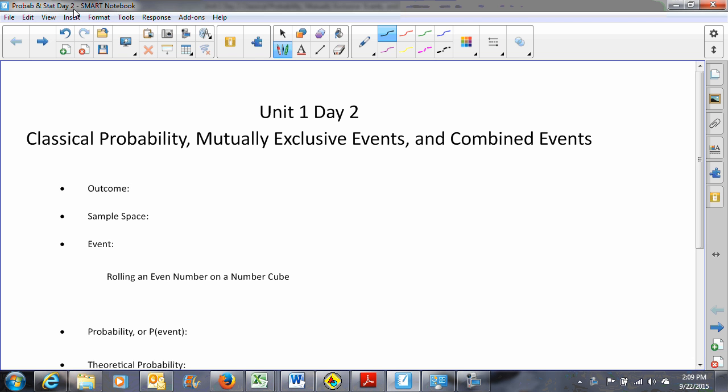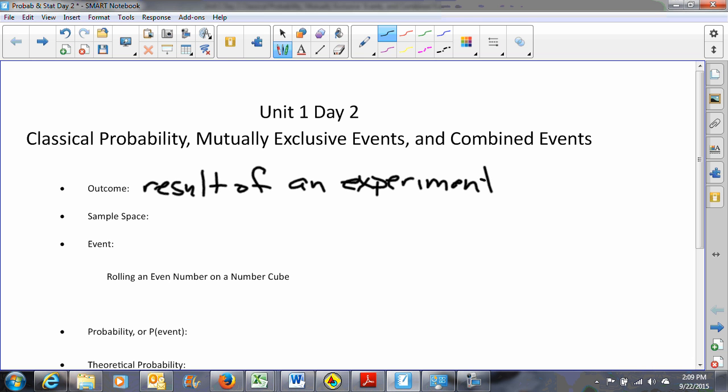Well, an outcome is defined to be the result of an experiment. So if we try an experiment, we do something, what happens is the outcome. Now the sample space is the set of possible outcomes.